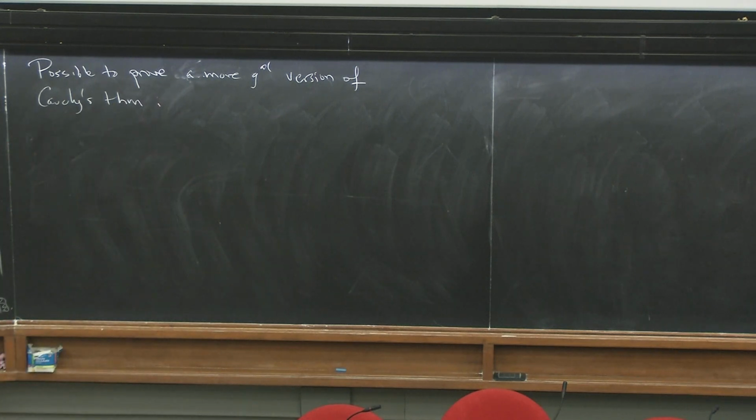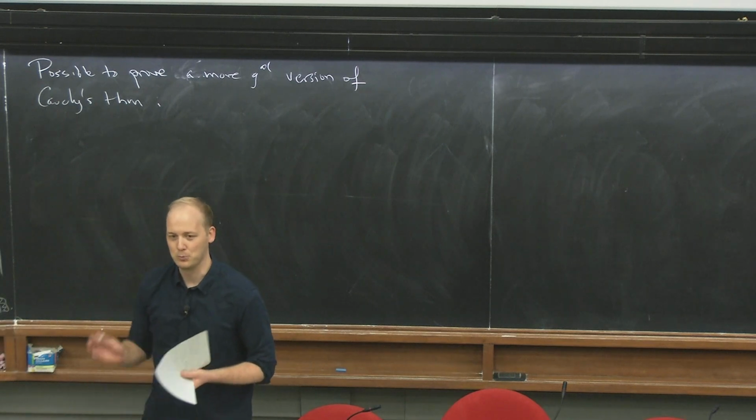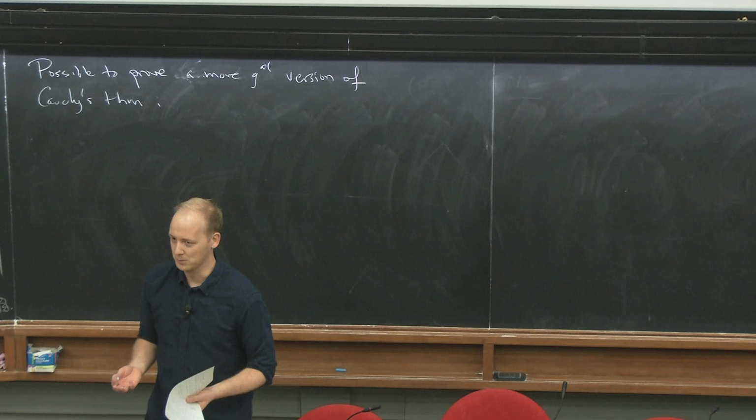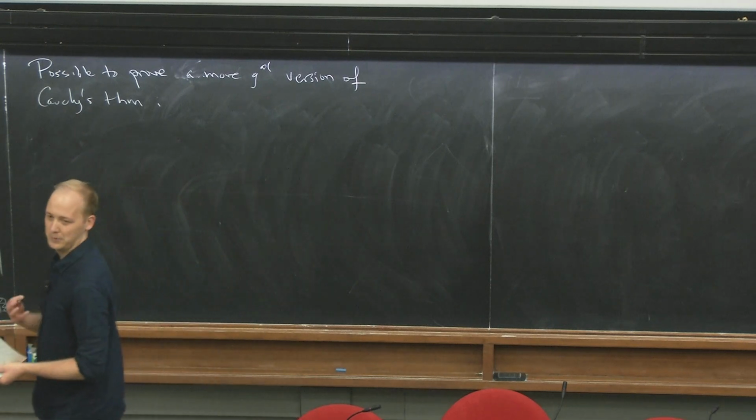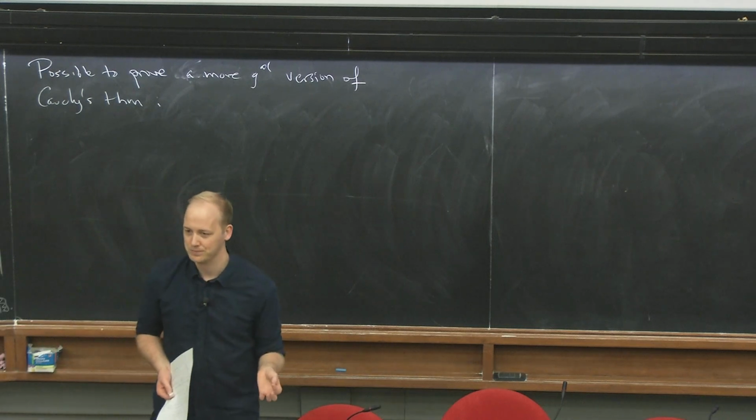And to prove this more general version, we remember from last time that we were talking about winding numbers, and this is where the winding number comes in. But another thing that comes into the hypothesis is the notion of a curve being homologous to 0.